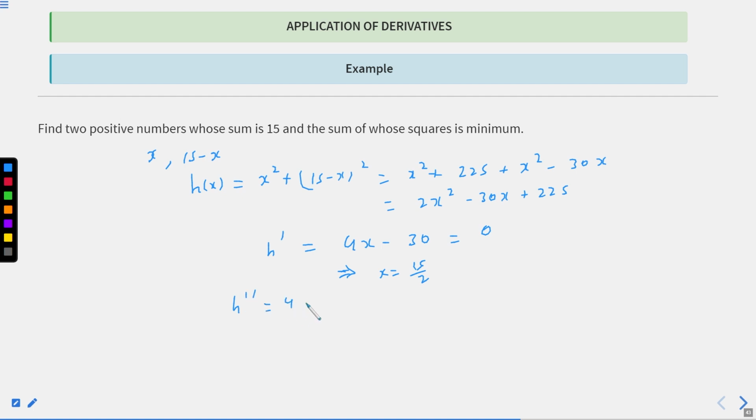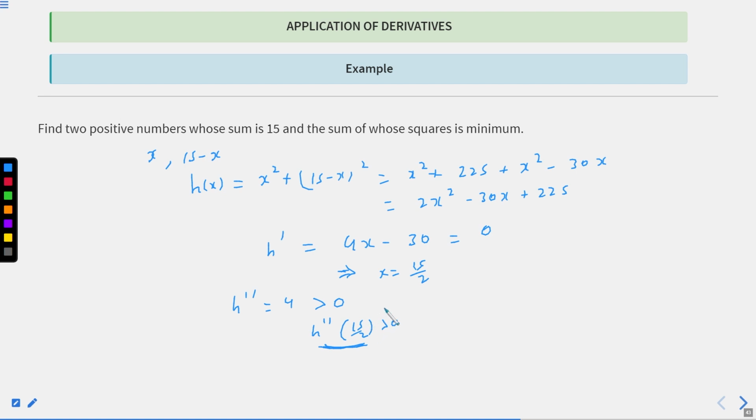Now h double prime is 4 and it is positive. So this means h double prime of 15 by 2 is also positive. So if this is positive, you will have a minimum. So minimum value will be h of 15 by 2.